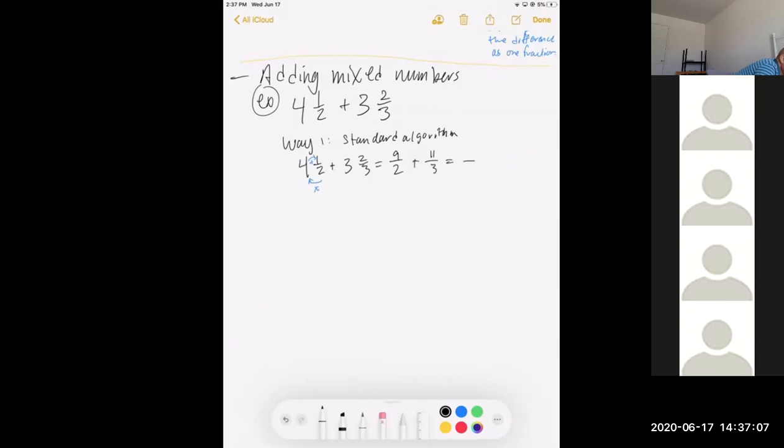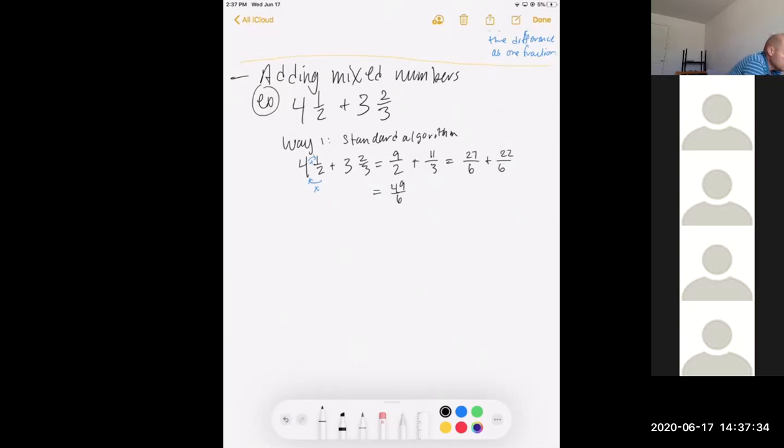Okay, so I need to get 6, like was mentioned here as well. And to get to 6, I did 2 times 3, so 9 times 3 is 27. 3 times 2, and 11 times 2 is 22. So 27 and 22 make 49 over 6.